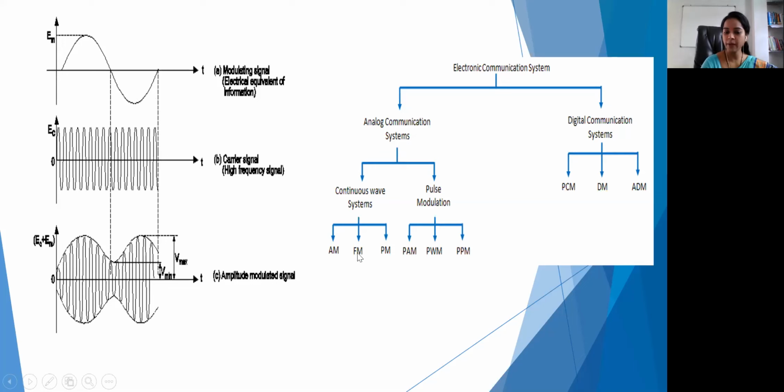From here, AM, FM, PM, PAM, PWM and PPM, these are all the techniques of modulation, how differently we can modulate our signal according to the carrier signal. Okay, and in digital communication you have three types of modulation. Now if it is a digital communication system, how will the bits be there, how will the signal be there?